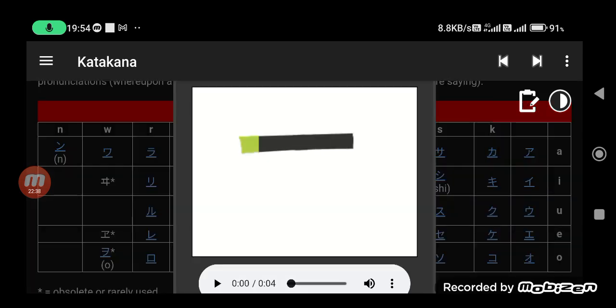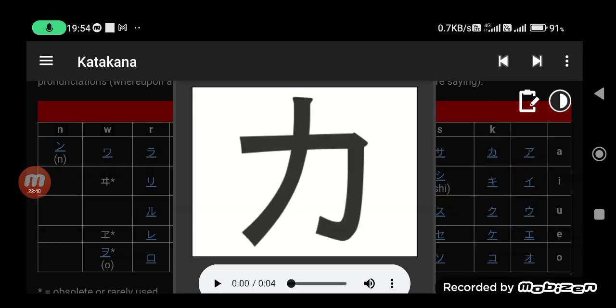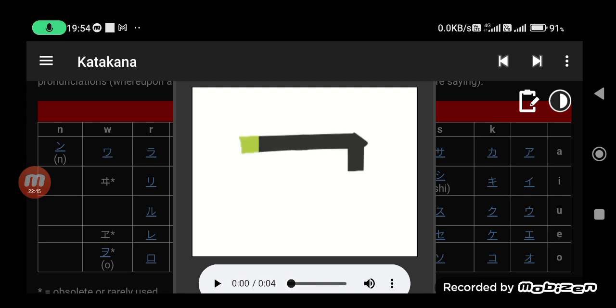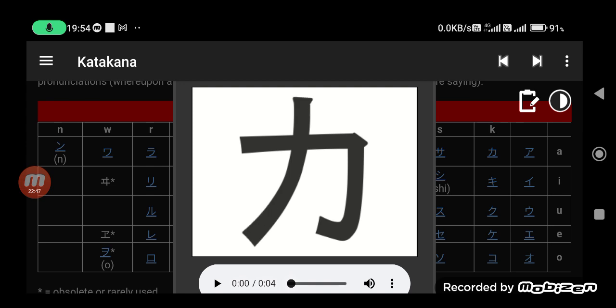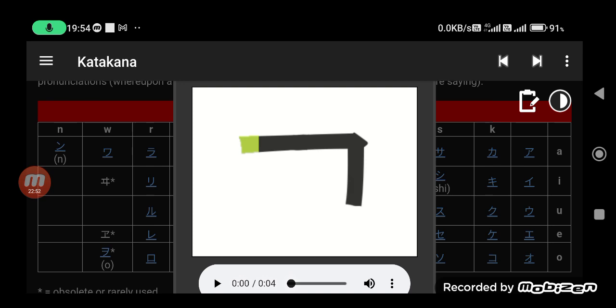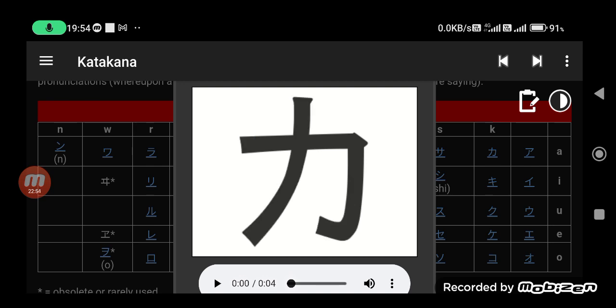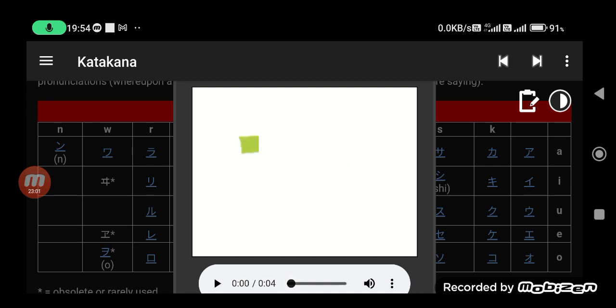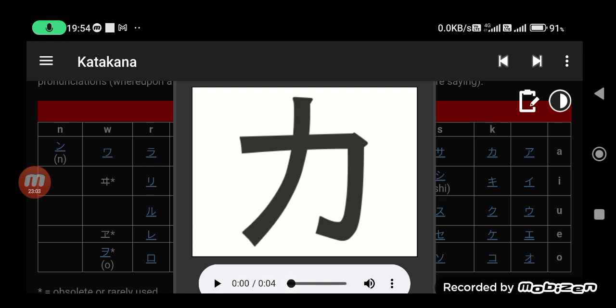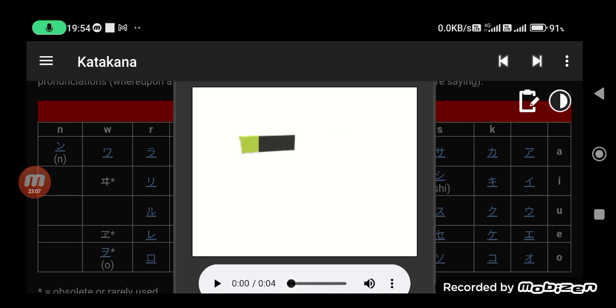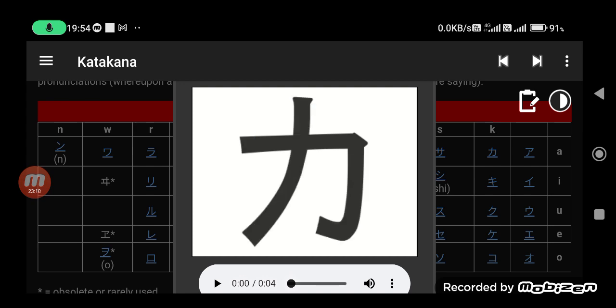Then ka. Another one to be careful of. The ka of katakana is almost similar to the kanji chikara, ryoku, riki, which means strength, and this one is ka. But the ka in hiragana, as you can observe, has a small arc at the right part, but the ka in katakana is more similar to the kanji for strength.